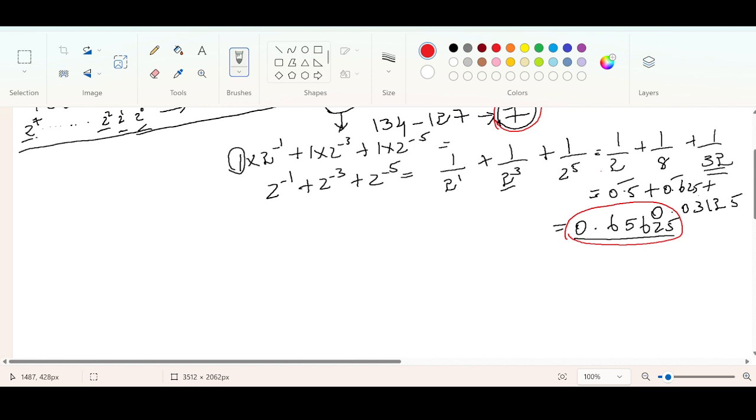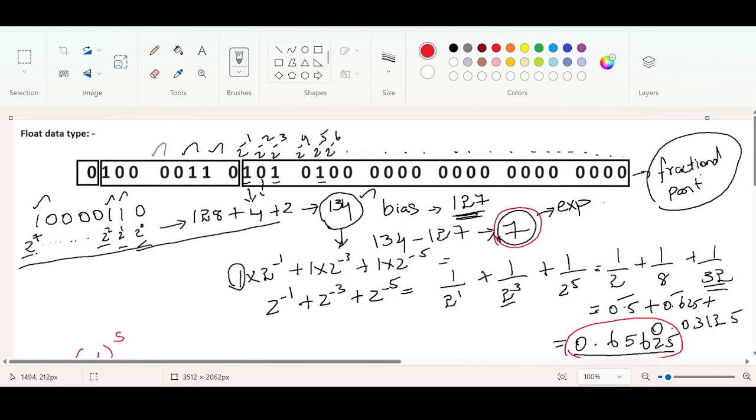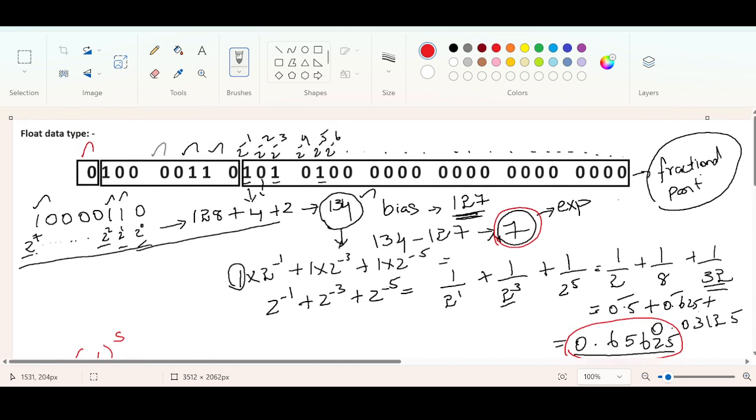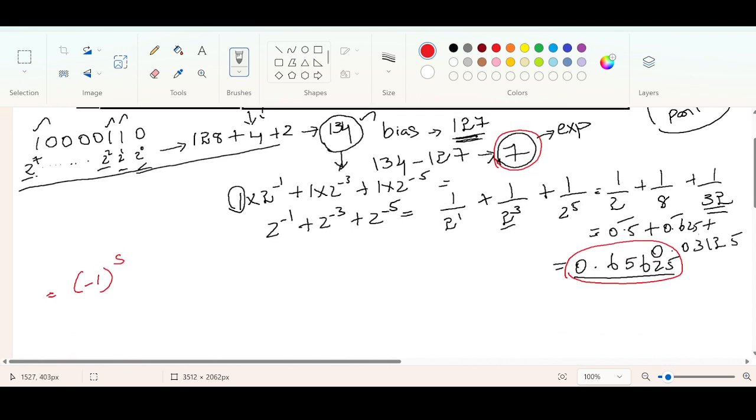The formula says minus 1 to the power of s, where s represents the most significant bit, the value that is inside the most significant bit. In our case it is 0. Then into 1 plus m, where m represents this fractional part, which we call the mantissa.